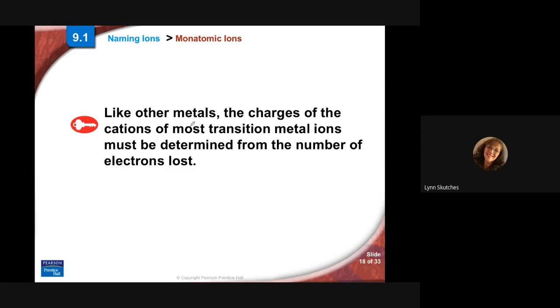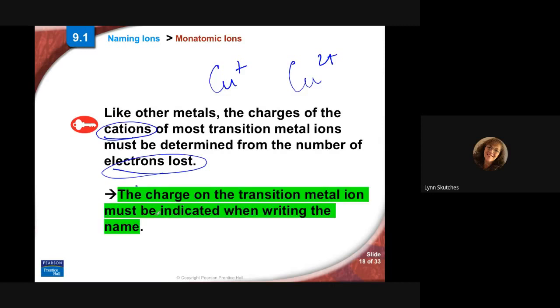All right, like other metals, the charges have to be determined by the electrons lost. Okay, cations lose electrons. So the question is, when is it going to be a +1? When is it going to be a +2? For right now, you just need to know that we have to indicate which one it is when we name it.